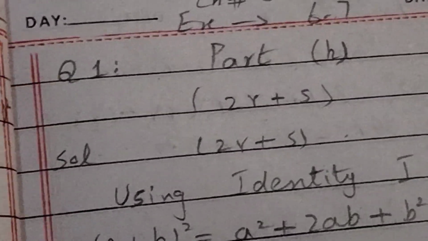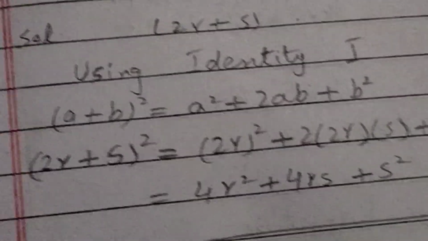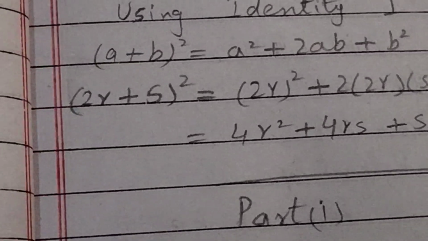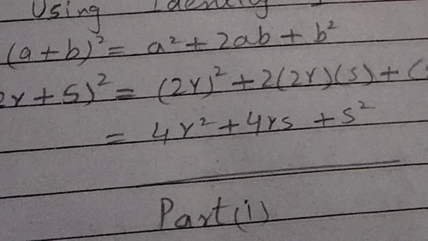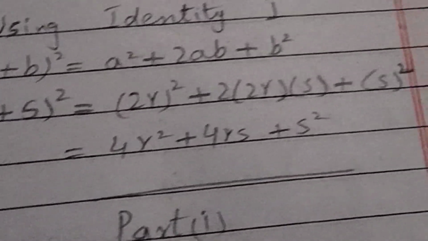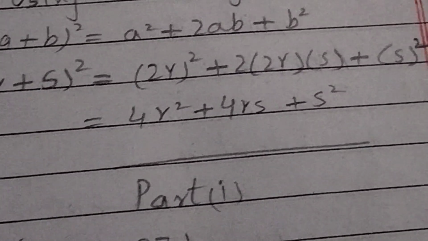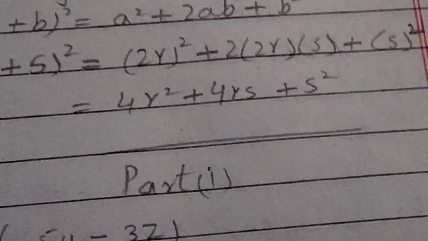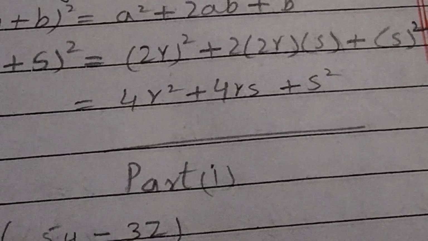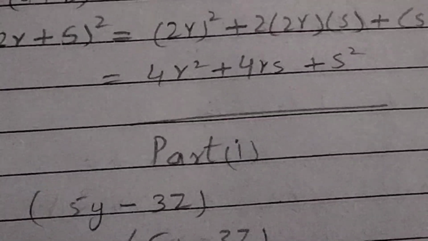Part H, 2r plus s, using identity number 1 and putting the values of this part, 2r plus s whole square is equal to 2r square plus 2 times 2r times s plus s square. So after multiplication we get 4r square, which is the square of 2, 4rs, 2 times 2 is 4, and s square.